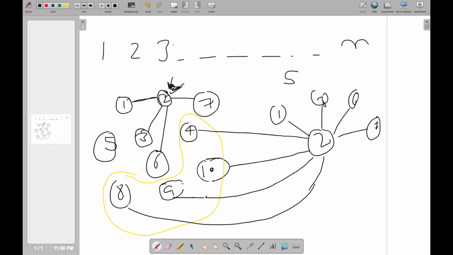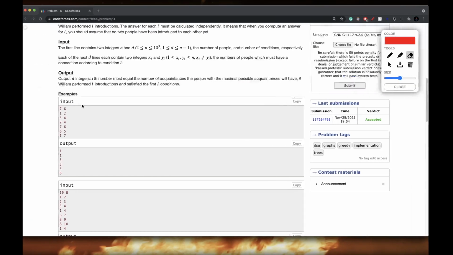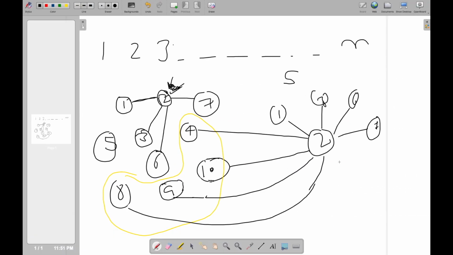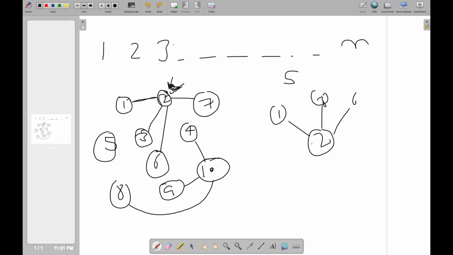So this problem transforms into a new problem, and the problem is that at ith step what we want to calculate is, let's say, this was not the case. We were not asked to connect 1 and 3.